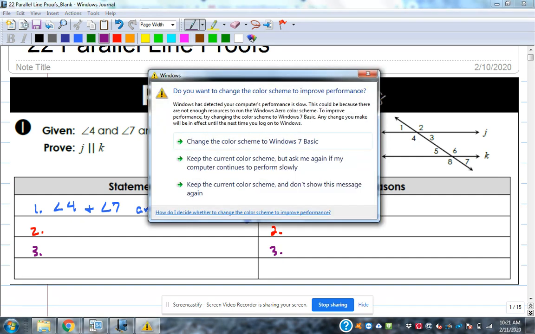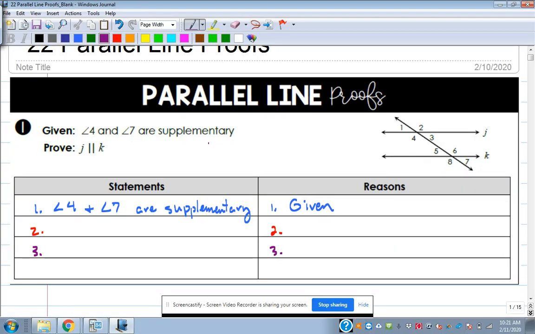No. Because the only way 3 and 6 can be used there is because they would have to be supplementary as consecutive interiors. And that only happens if they are parallel already. And we don't know that they're parallel already. Can you say 1 and 7 are, nope. The only way that alternate exteriors are congruent is if the lines are parallel already.